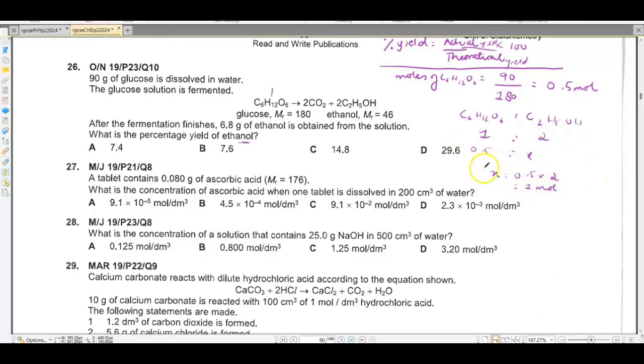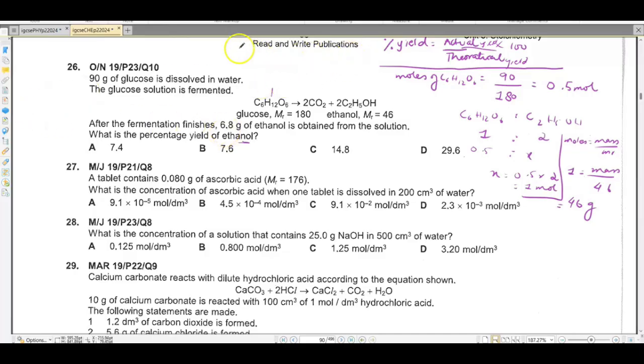Once we've established how many moles of ethanol are there, we are just going to find its mass. So how do we do that? Moles is equal to mass per MR. So moles we have 1, mass we have to find, and MR for ethanol is given over here as well, which is 46. 46 grams of ethanol are produced in ideal circumstances, obviously. So this is our theoretical yield, and this is our actual yield.